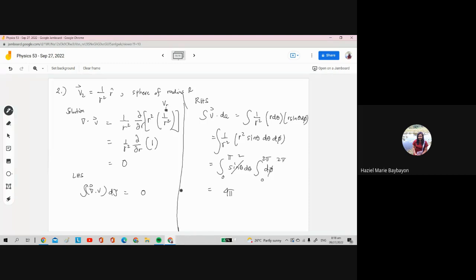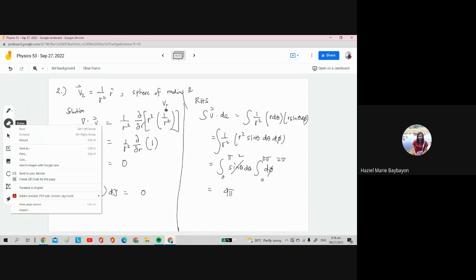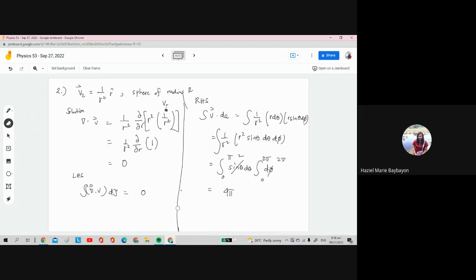Okay? Now take note that the left-hand side is not equal to the right-hand side of the equation. So they do not agree. There is a discrepancy. So the question is, is the divergence theorem not always true?